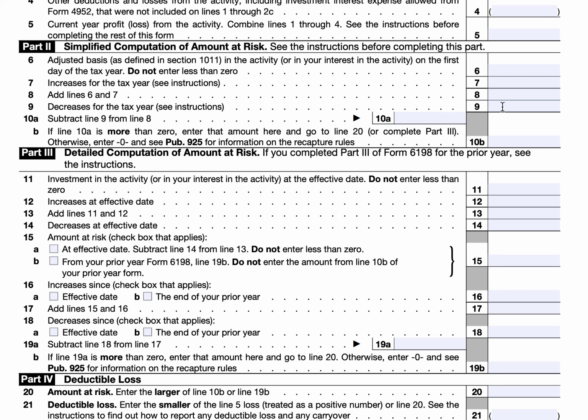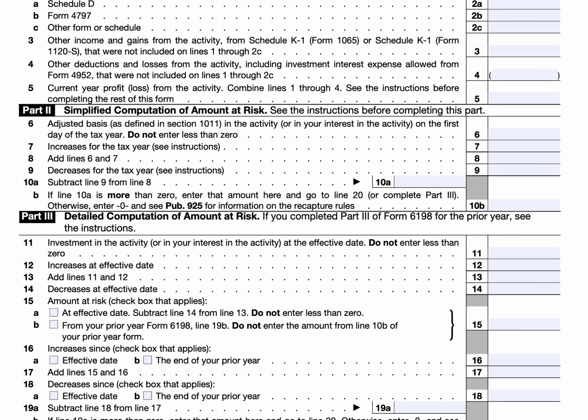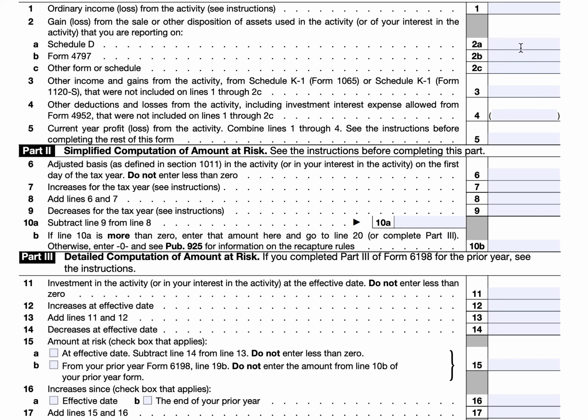So if the amount on line 21 is made up of only one deduction or loss item, then you report this on your return, the amount that's shown in line 21, subject to other limitations. If it's made up of more than one deduction or loss item in part one, like if you have a Schedule C loss and then you have a Schedule D loss, then you have to determine an appropriate portion of each type of loss. For example, a Schedule D loss might have different tax treatment than a Schedule C loss.